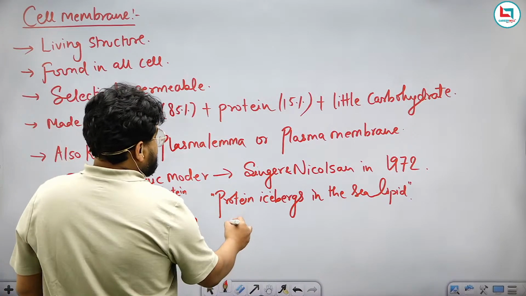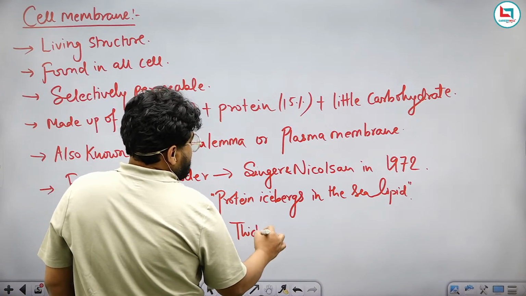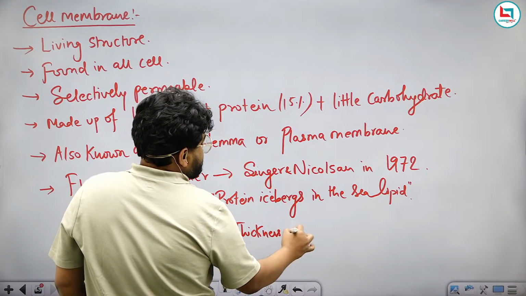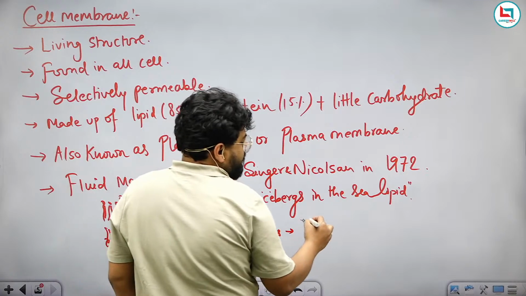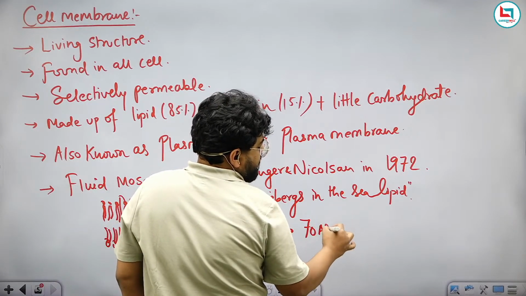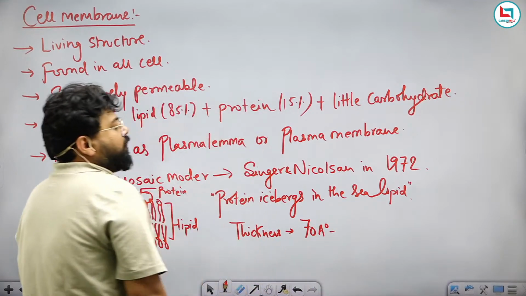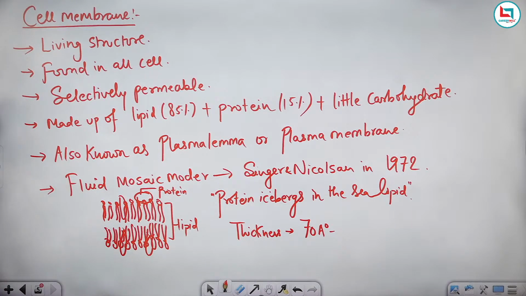If we talk about the thickness of plasma membrane, it is nearly about 70 angstrom. 70 to 100 angstrom, mostly these are 70 angstrom.